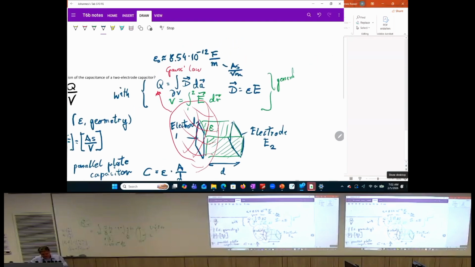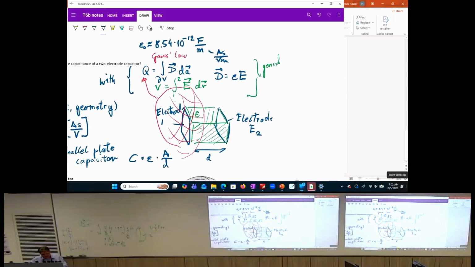Now I wanted to also say that this epsilon naught is our dielectric constant. This is basically for vacuum, but as we have seen, it is pretty close also to the one for air.